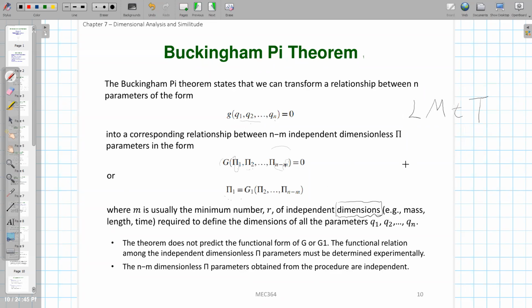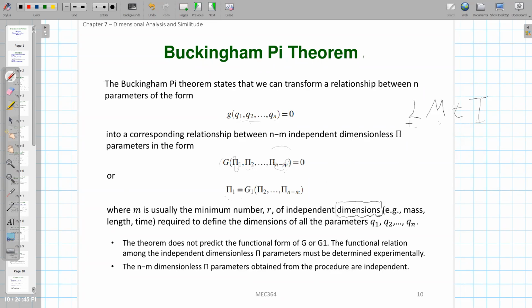If your physical problem involves length, mass, time, and temperature, then you can reduce your problem to a non-dimensional form that only includes n minus 4 dimensionless parameters. So this m will be equal to 4 because it involves these 4 fundamental dimensions.